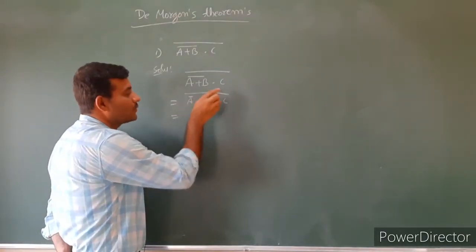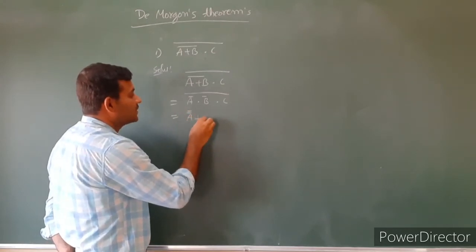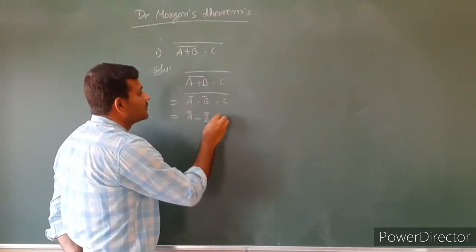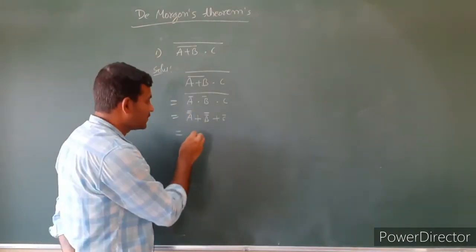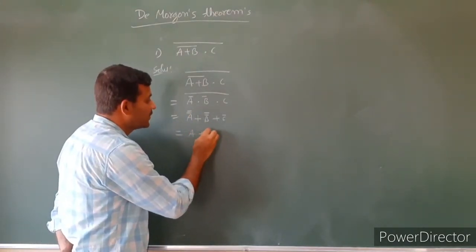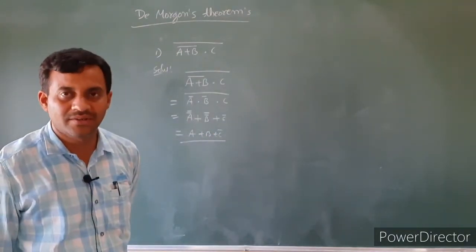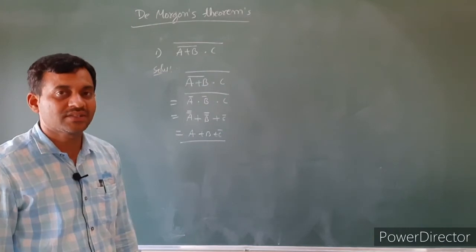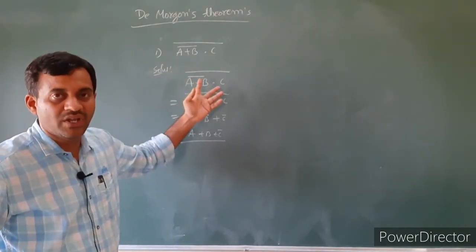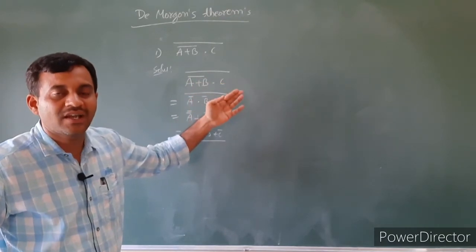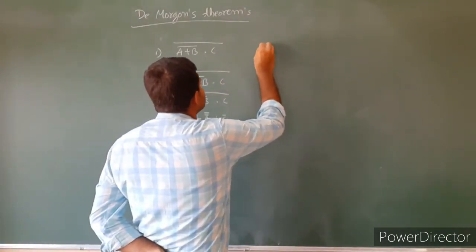Then again split the over bar. Then it becomes a double bar plus b double bar plus c bar. We know that a double bar is equal to a, so we get a plus b plus c bar. This is the implementation of De Morgan's theorem. Just split the bar and change the sign between the variables. That is the principle.